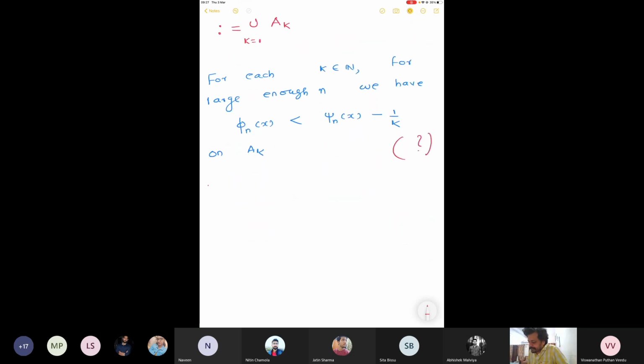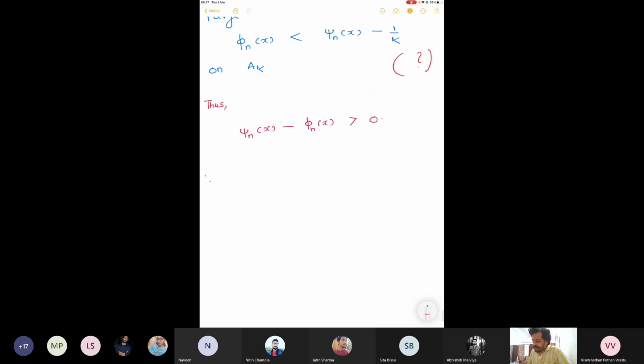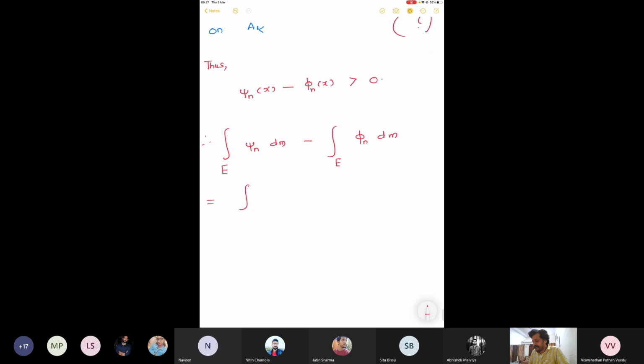And thus psi n of x minus phi n of x will be greater than 1 by k, so it will be greater than 0 in particular. Therefore, integral over E of psi n dm minus integral over E of phi n dm is equal to integral over E of psi n minus phi n dm.